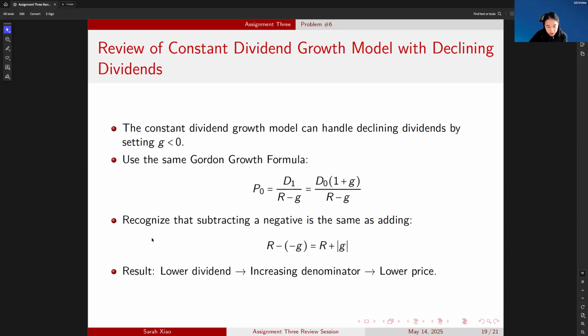Just recognize that subtracting a negative number is the same as adding a positive one, or the absolute value of this number. Therefore, the intuition here is that lower dividends result in an increasing denominator, which will finally result in a lower stock price.